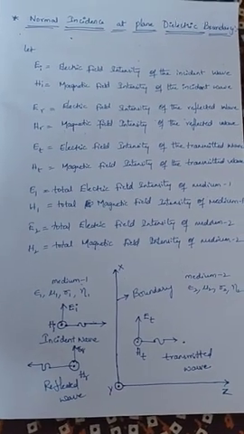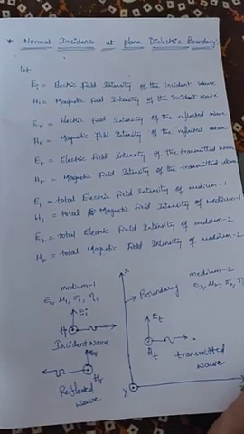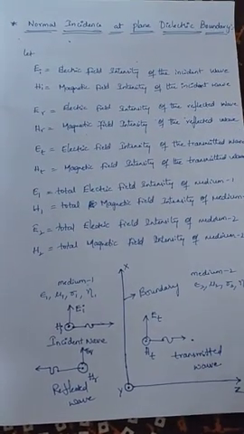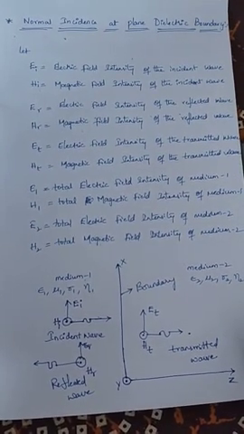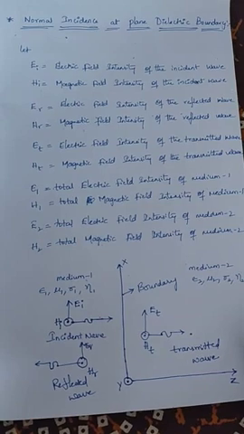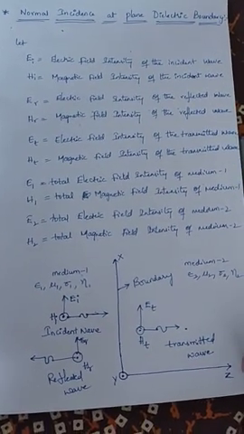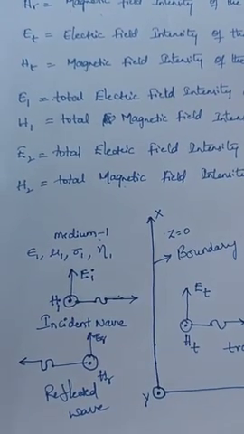Now from this we want to derive a particular derivation. I want the reflection coefficient, which can be treated as gamma. In order to derive the reflection coefficient, we need to consider some of the equations.